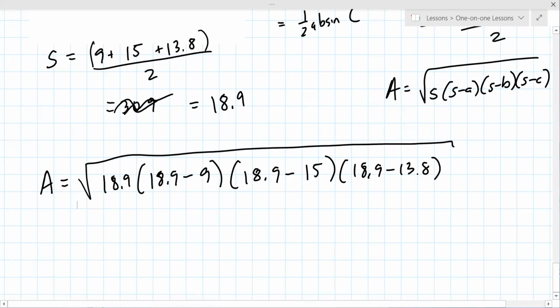I get 61. Okay, good. That's reasonable. And then there's units, it's yards squared. Perfect.